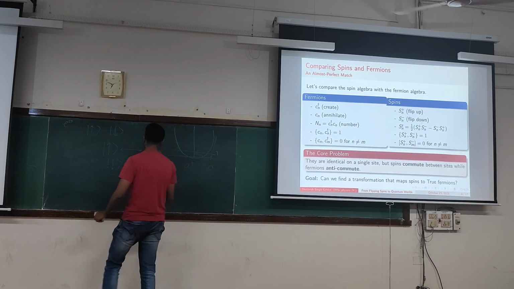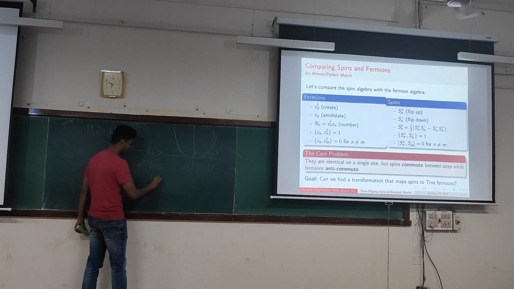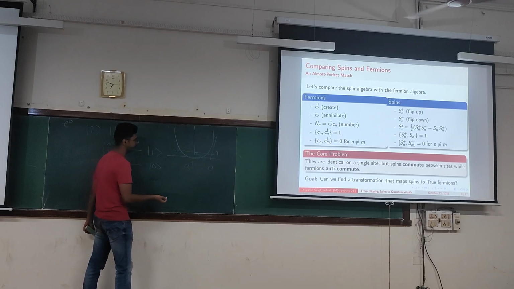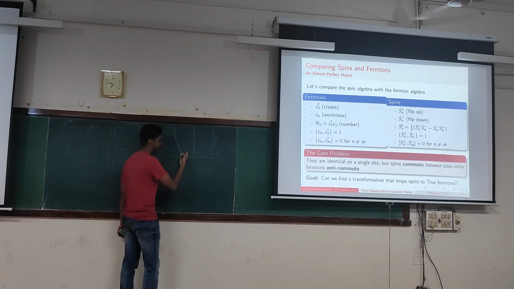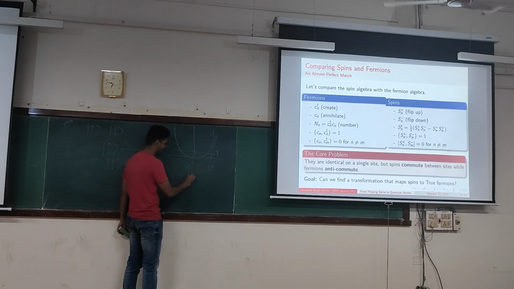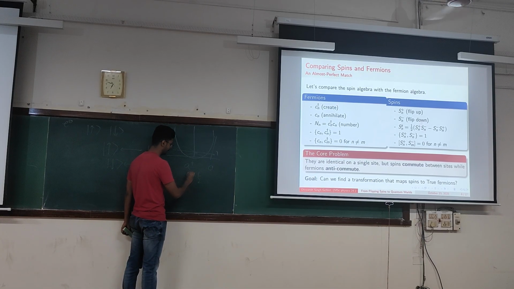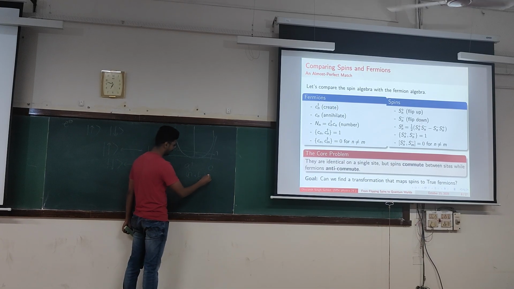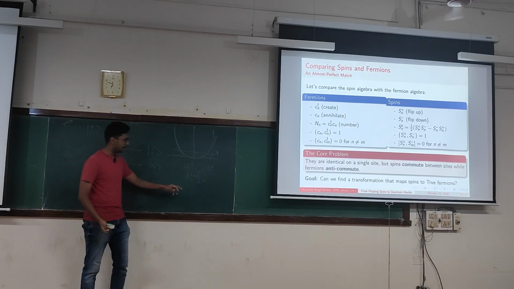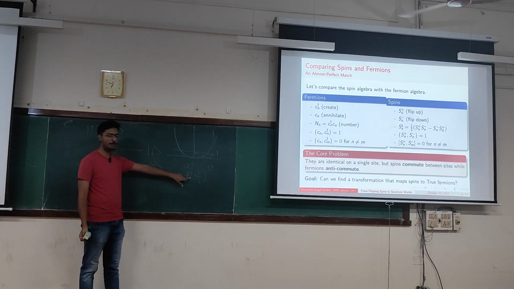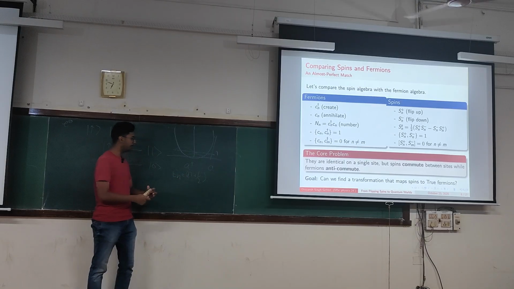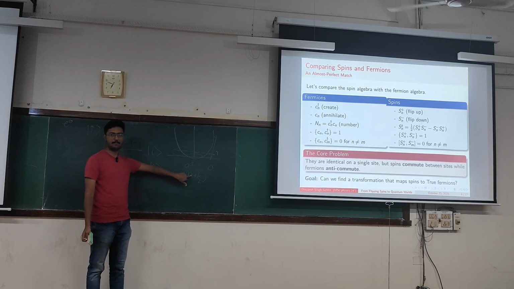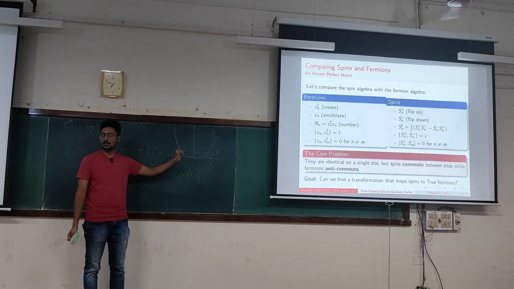So as we all know, the eigenvalues of this Hamiltonian are n into n plus 1 divided by 2. If it is in the ground state, n will be 0. If it is in the first excited state, n will be 1, and so on and so forth.